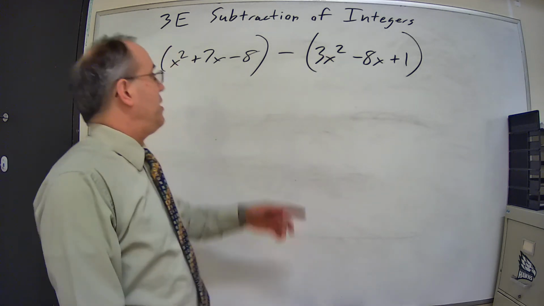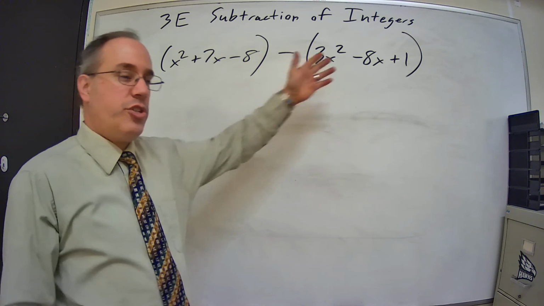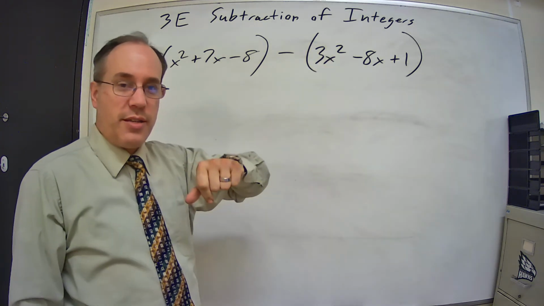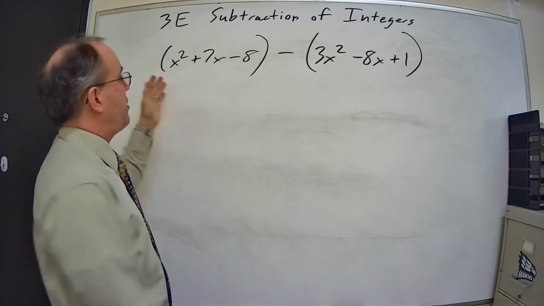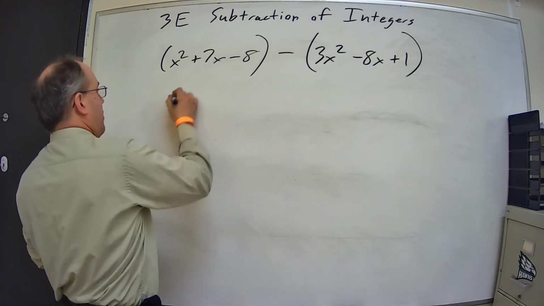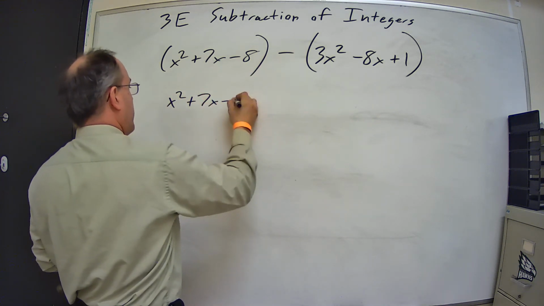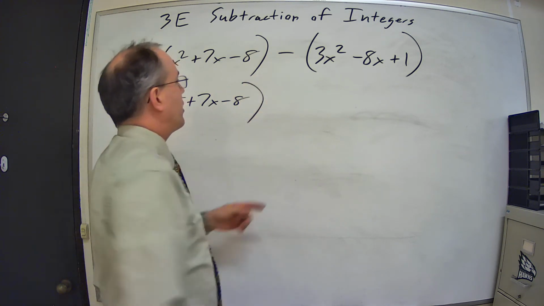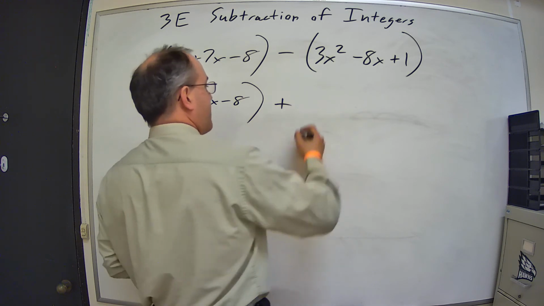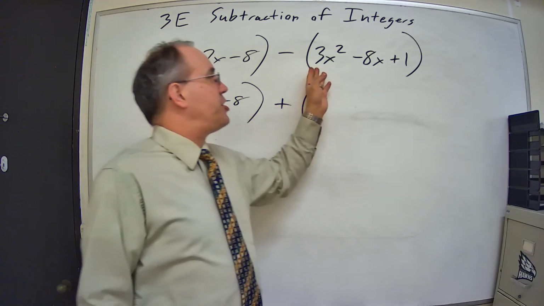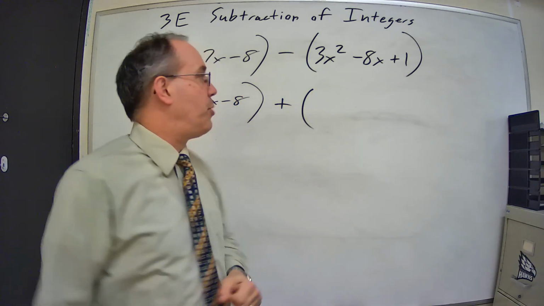Well, basically, if we do the keep, change, change thought process, then that means we're going to keep the signs all the same in the first part. X squared plus 7x minus 8. We're going to change the subtraction to addition, plus. And then we're going to change the signs in the second part.